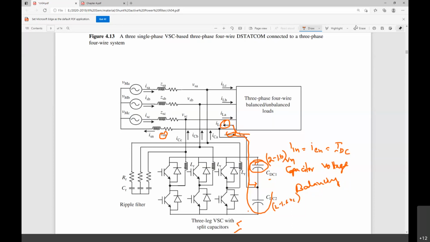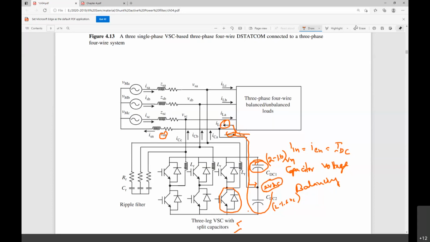Then sometimes the blocking voltage of this particular switch is going to increase, because it has to block 2 times the VDC by this capacitor. The switching rating is going to increase with respect to the blocking voltage.